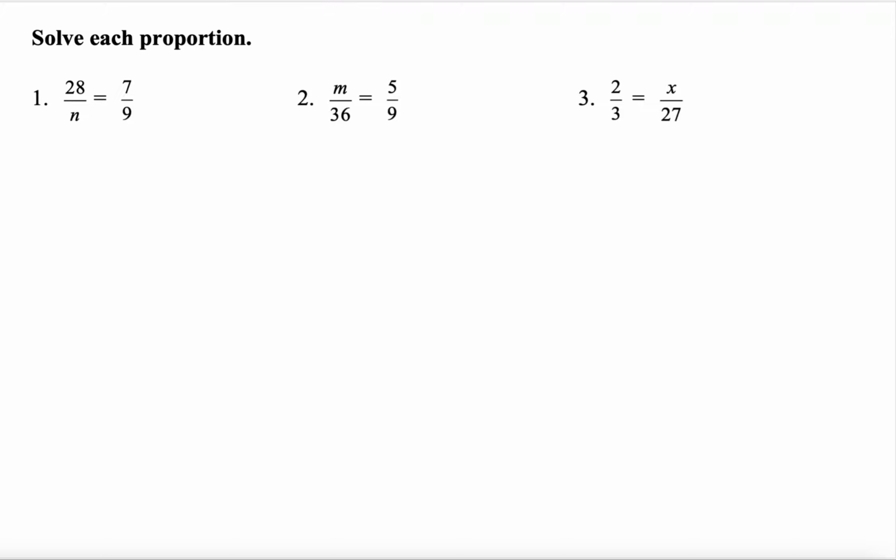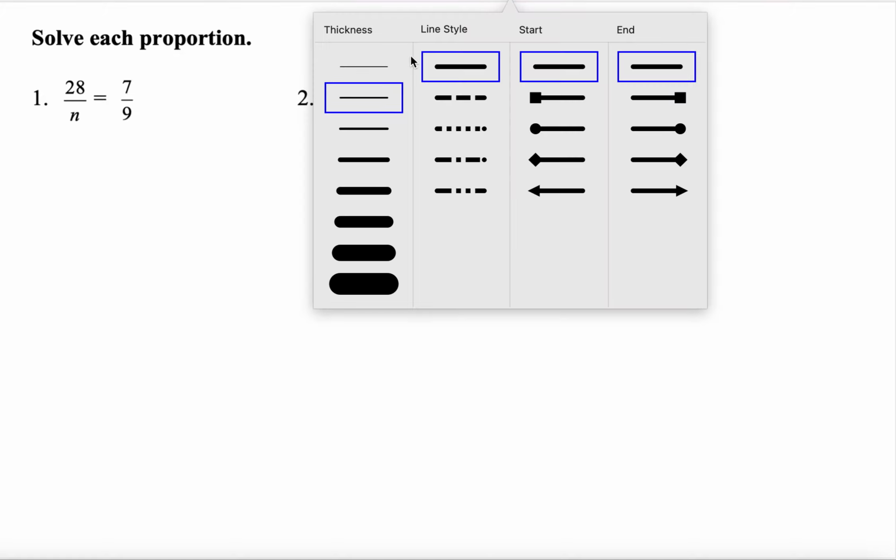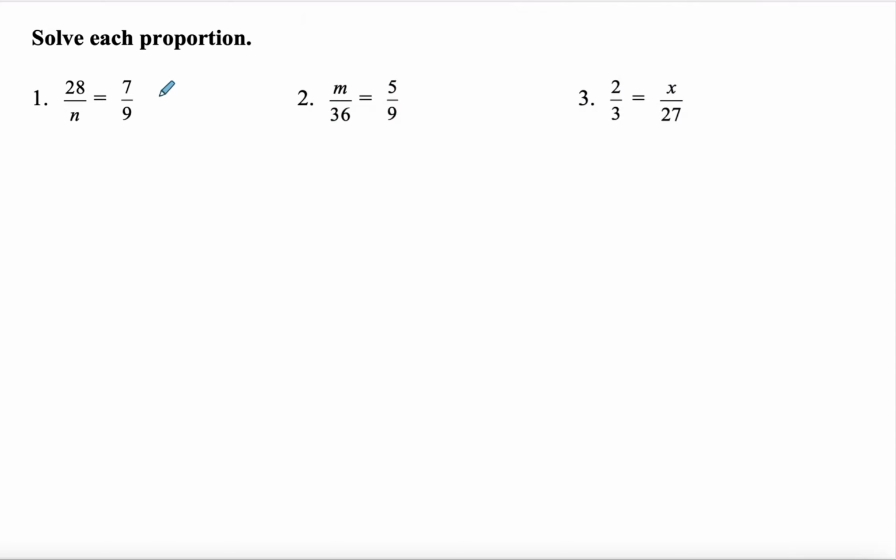Now, proportions, we will get into word problems, but here we're simply getting used to the technique of cross multiplication. And so, here we go. We cross multiply, right? We draw this cross.